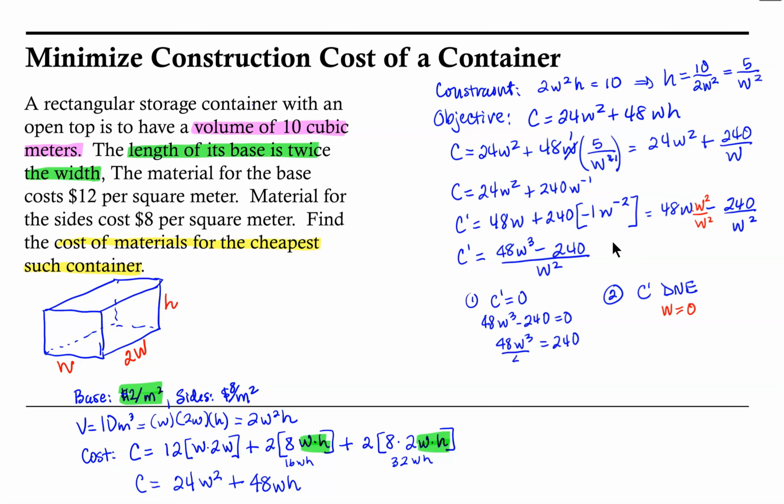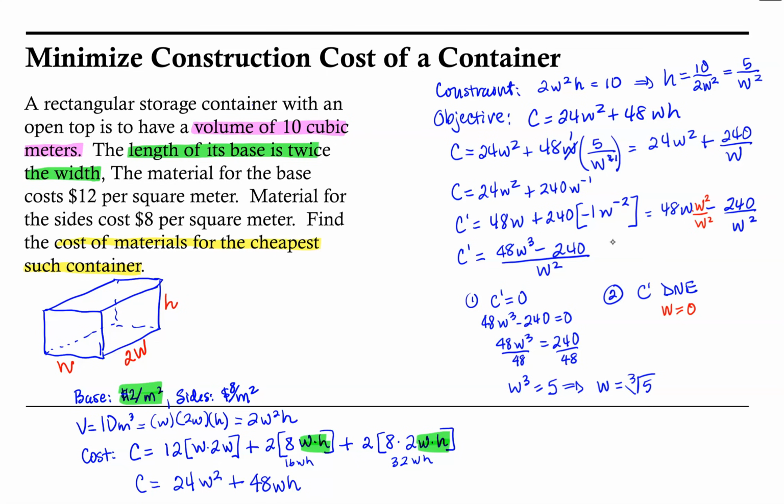Then if we divide both sides of the equation by 48, we'll end up with w cubed is equal to 5. And then taking the cube root of both sides of this equation, we find that w needs to be the cube root of 5.